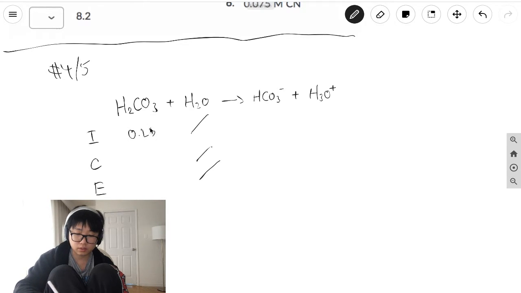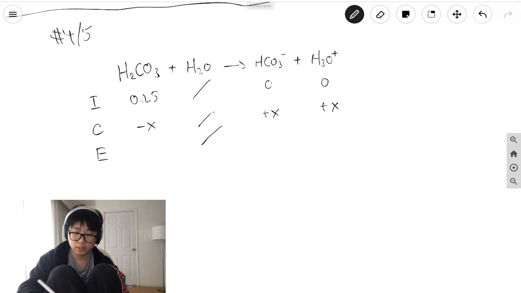Okay, and then what are the initials for the HCO3 minus and the H3O plus? 0 and 0. What are the changes going to be? Yep, good. And that's because the coefficients are all 1, 1, 1. And then the final, I'm sure you know, you just put them together: 0.25 minus x. This one will be x, this one will be x. Okay, now what do I do?